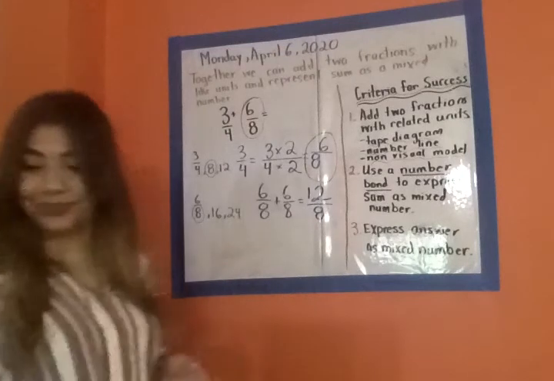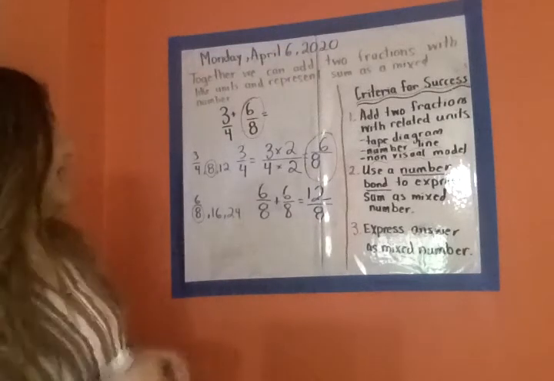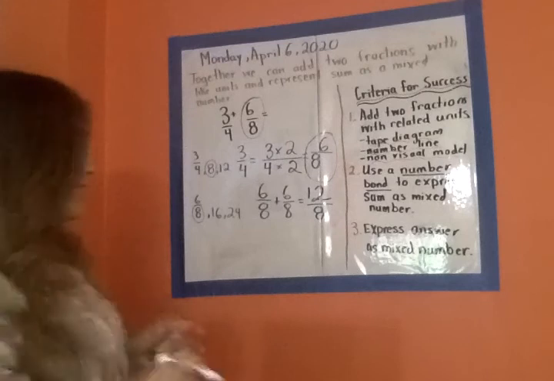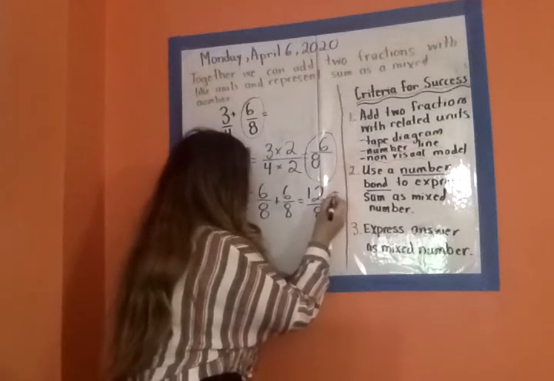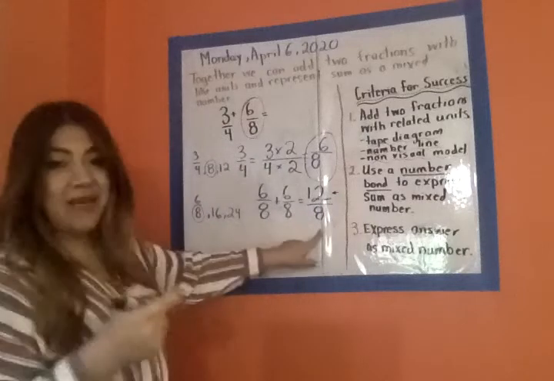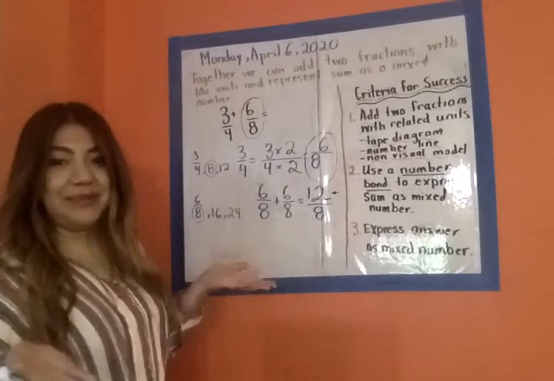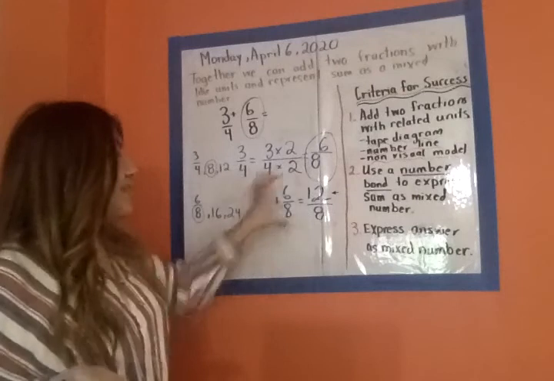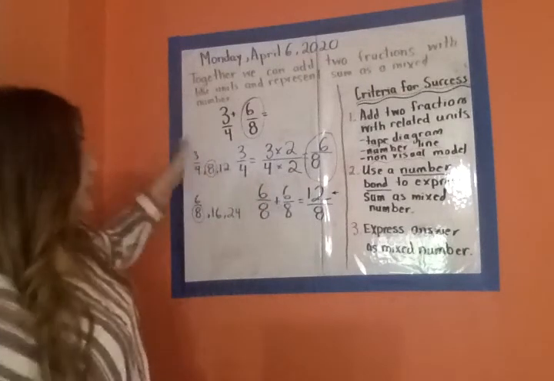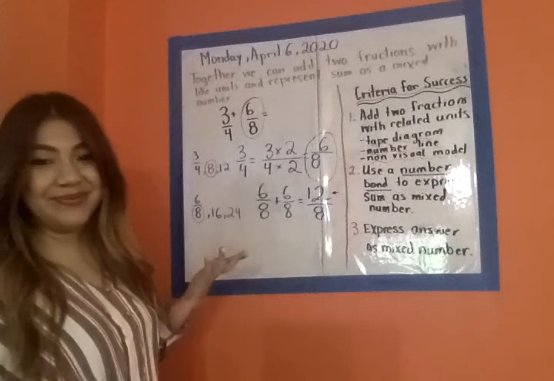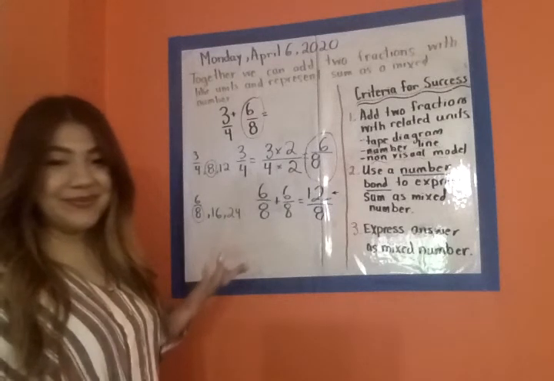Now, if you notice, my sum has a numerator that's greater than the denominator. What does that tell me? Is the value of my fraction going to be less than 1 or greater than 1? Yep.